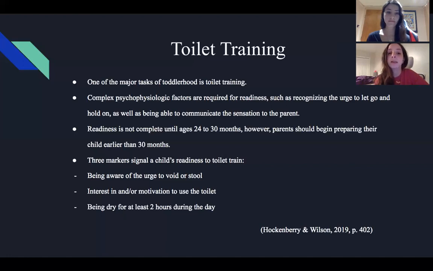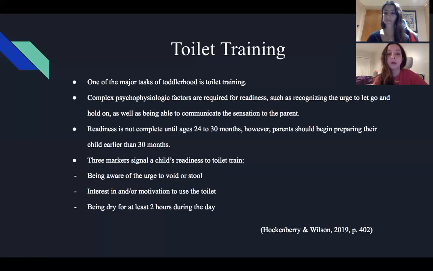And this is because by that time, the child has mastered the majority of essential gross motor skills. They can communicate intelligibly, and they are in less conflict with their parents in terms of self-assertion and negativism, and they are aware of the ability to control the body and please the parent.